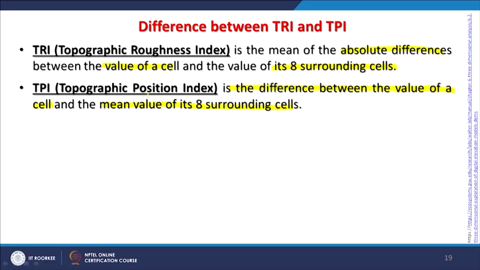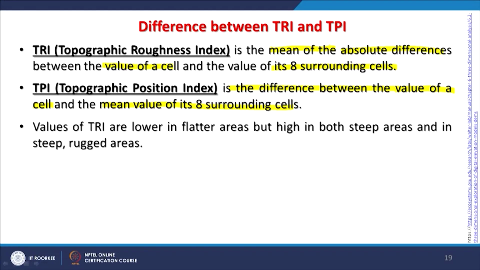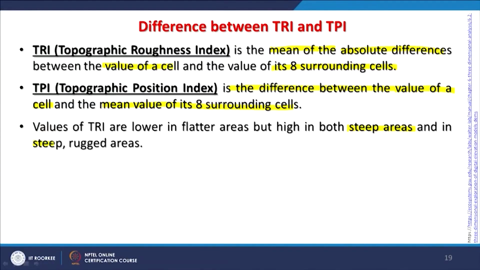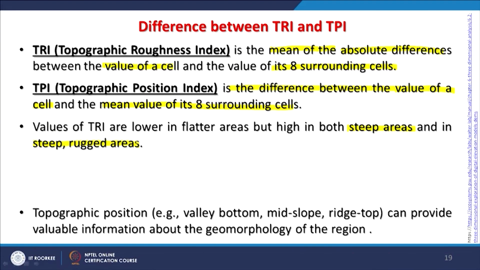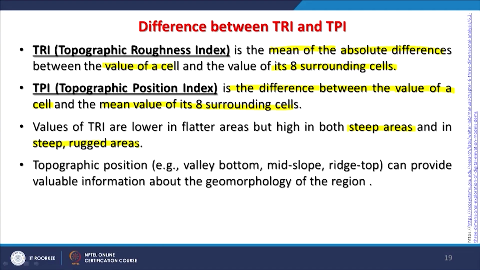So, either one is taking the mean of the absolute differences, or one is taking the difference from the mean, and then these two indices can be derived employing a digital elevation model, which can be very useful for identifying steep areas, rough or rugged areas, and you can give some quantities instead of qualitative analysis.